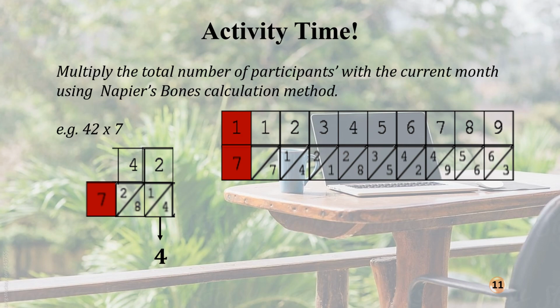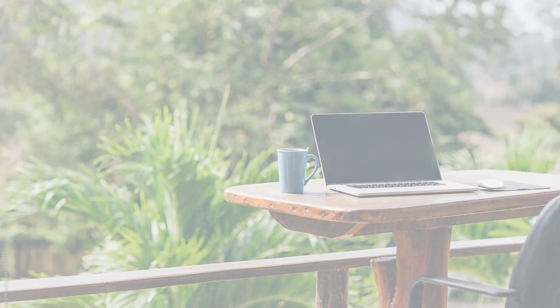Then we are going to add the upper number, that is 1, with 8. We add them, we get 9. Then the remaining is 2, so 2 will be copied as it is. Okay, this is just an example. You have to practice. You can practice with any kind of number without a calculator.